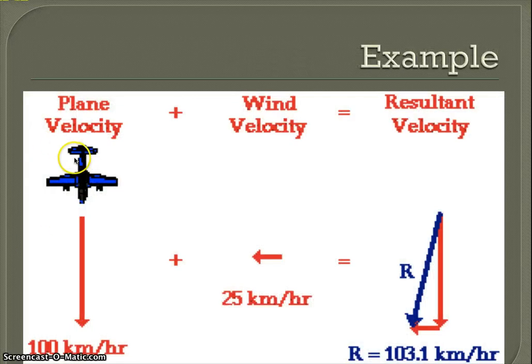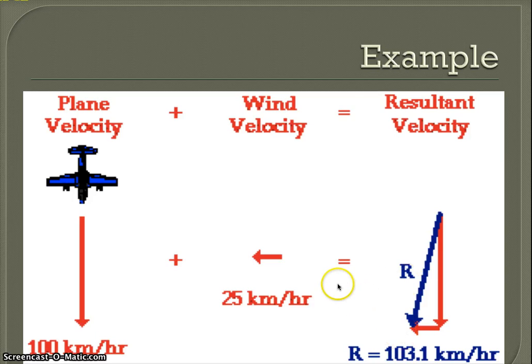So here's an example. If you have an airplane flying 100 kilometers per hour relative to the air, and the wind is blowing to the west at 25 kilometers per hour, the ending resultant is 103.1 kilometers per hour, if you look at the triangle that's produced and use the Pythagorean theorem to solve for R. You'll see that this R value is just a hypotenuse, just like in math.